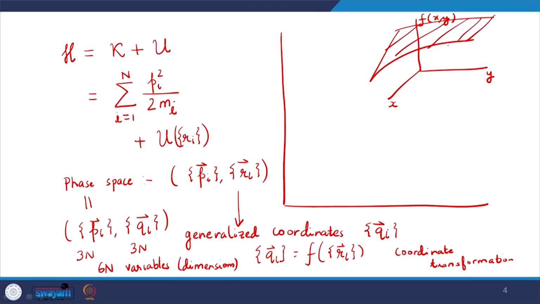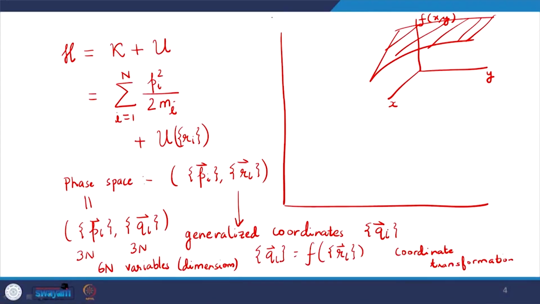Now, you may imagine that the function is a function of 6n variables. How many dimensions do we need? We need 6n dimensions, and clearly beyond 3 dimensions I can no longer plot on the board. Therefore, it is important to develop some kind of representation of that 6n dimensional space, and let us try that.